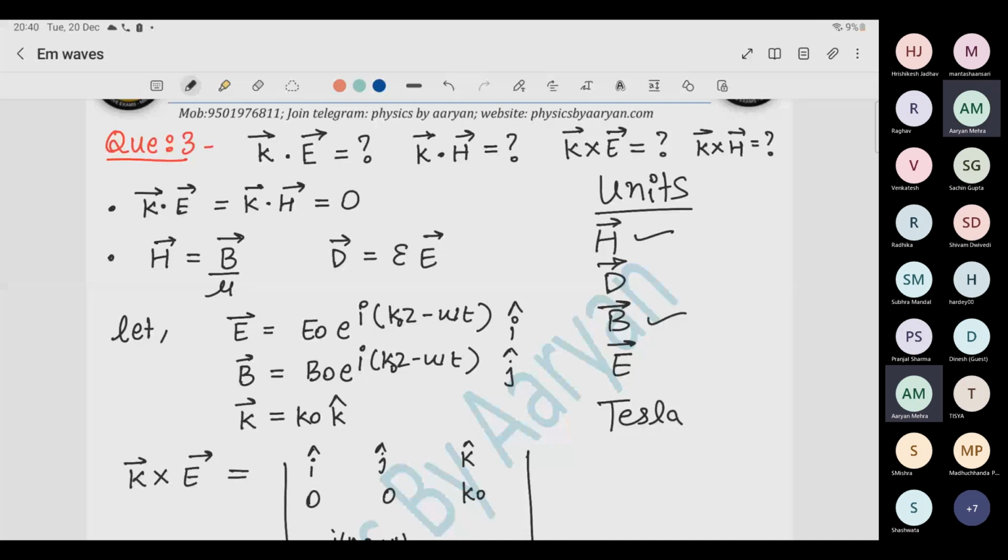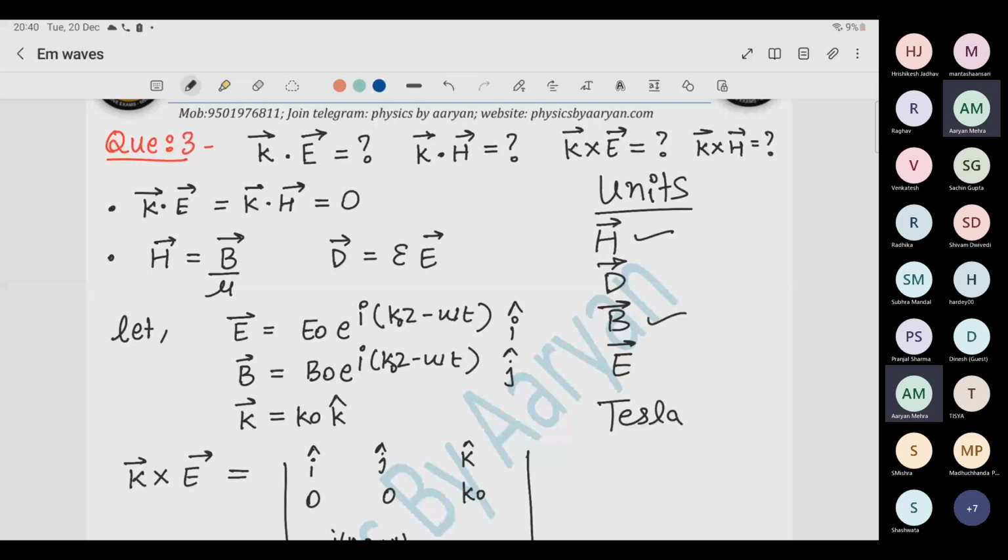Yeah, that's a confusion. When the reality first hit me, it was very surprising for me as well. But the reality is when you say that you apply a magnetic field, you actually apply H. B is the behavior of magnetic field inside any material, and H is something which you apply. It is reverse in electric field: E is something which you apply, and D is the behavior of electric field inside the material.